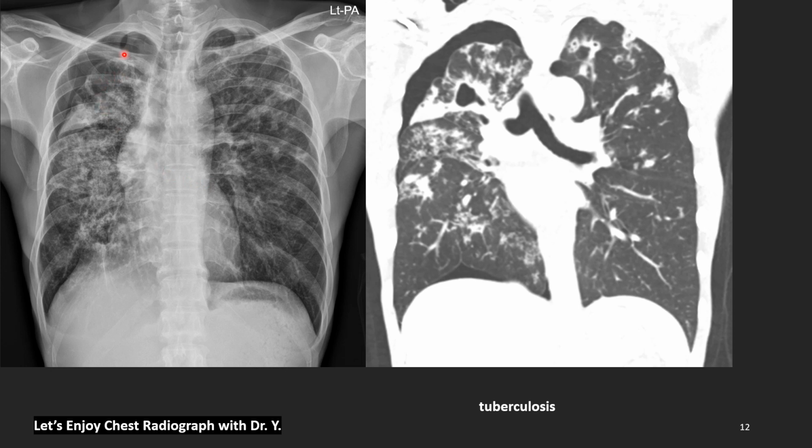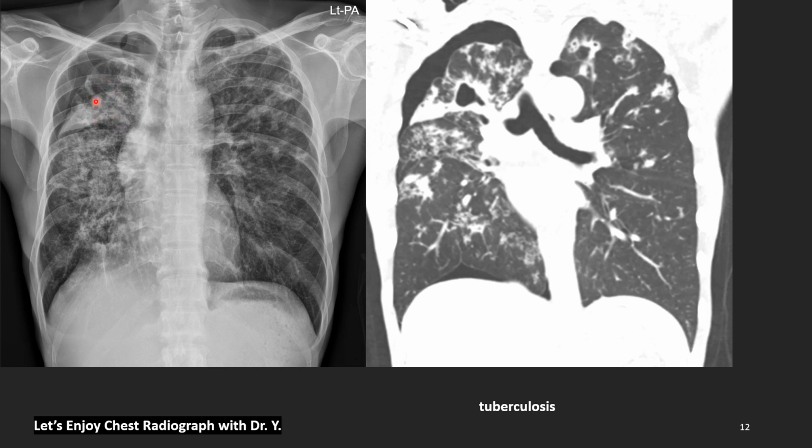This is, as we see, pneumothorax here. Do you expect what is the cause of this patient's pneumothorax? Yes, tuberculosis. Very active and extensive tuberculosis of both sides of the lung.